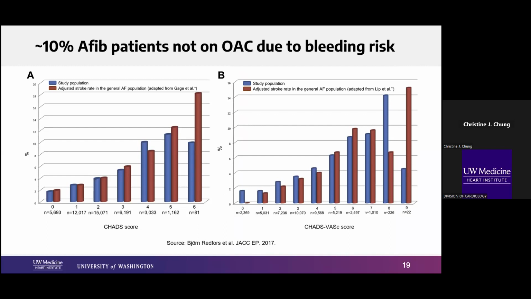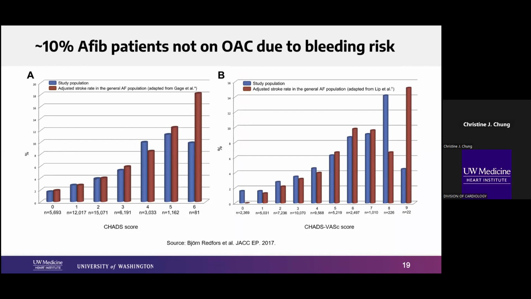And of this group, they identified over 12% of patients that within the first year after diagnosis were never on an oral anticoagulant due to bleeding risk. And you can see that in this group of patients naive to oral anticoagulation, they then go on to have ischemic stroke at a rate that would be very similar to what would be predicted by their CHA2DS2-VASc score.